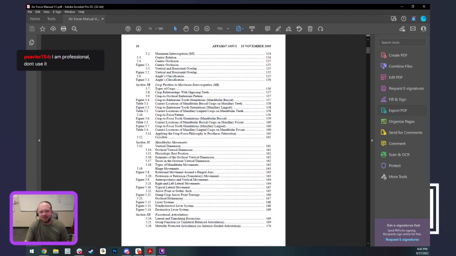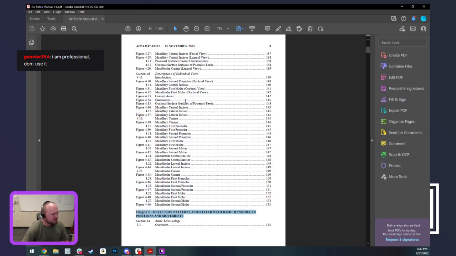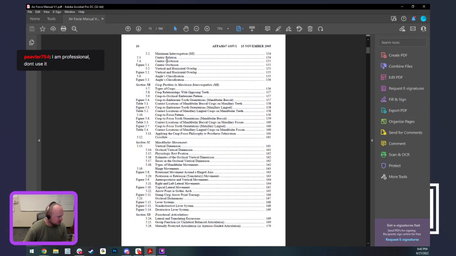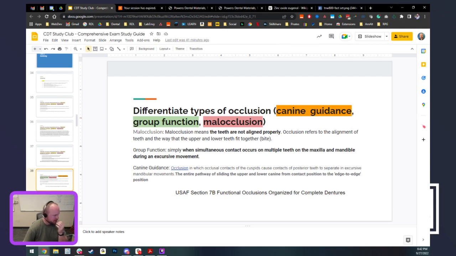Let's see here. Cusp positions and maximum intercuspation. So that's centric occlusion. This is centric relation. All right, so what did the thing say? It said canine guidance, group function, malocclusion.